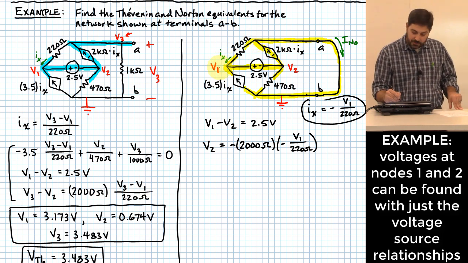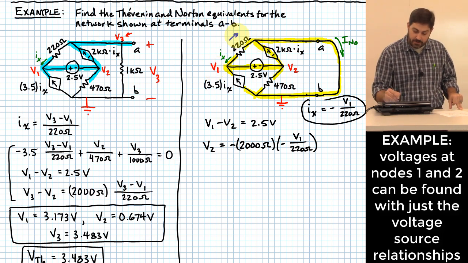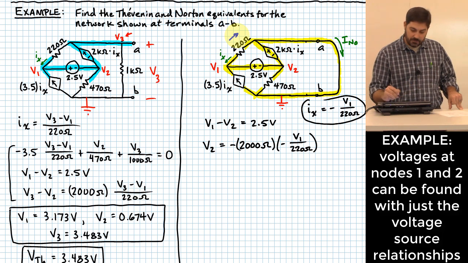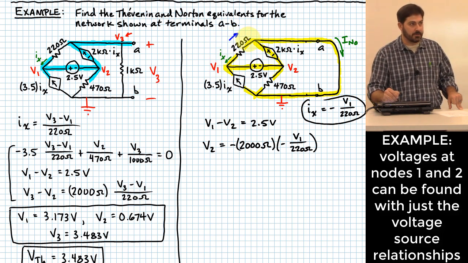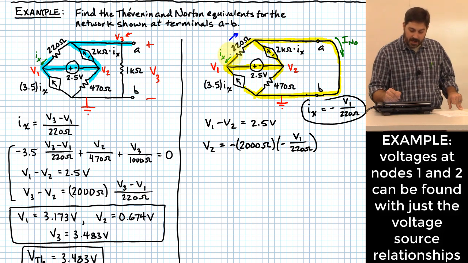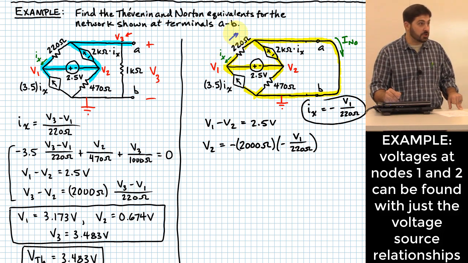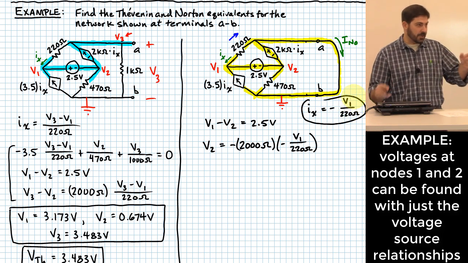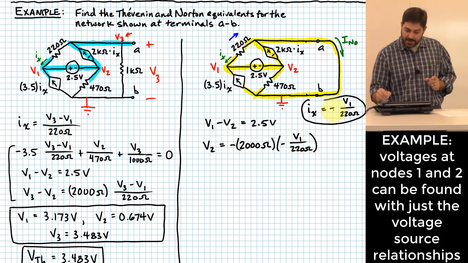If V1 is positive relative to ground, current would actually flow from that positive value to the zero value, and because IX points opposite of the direction it should be there, I have to use a negative when I'm defining my IX over here with V1 relative to ground. So that's why that negative is there.